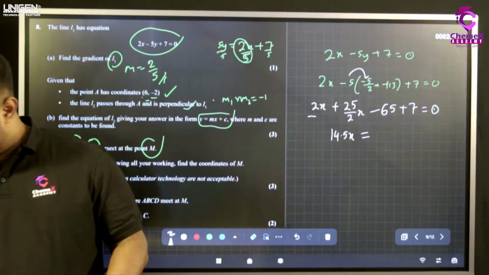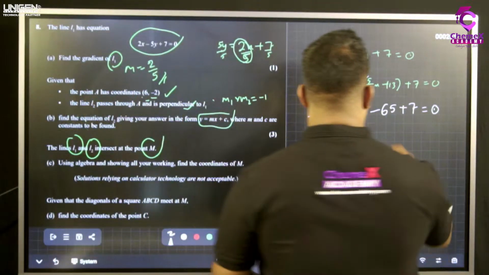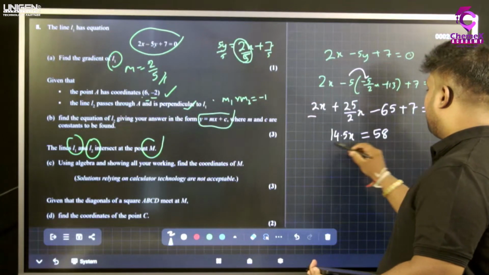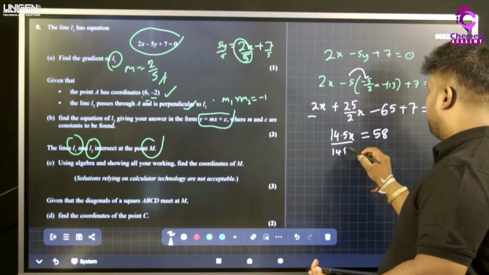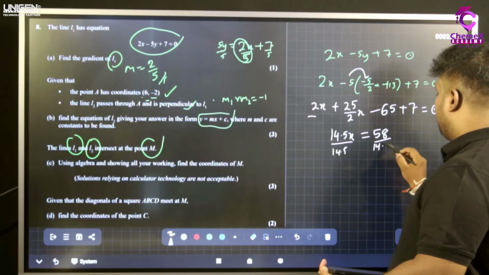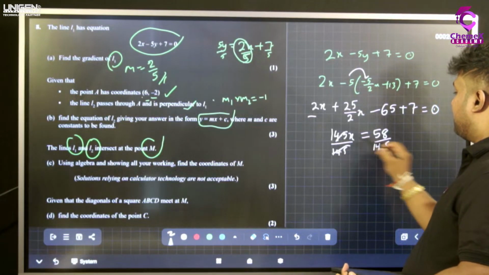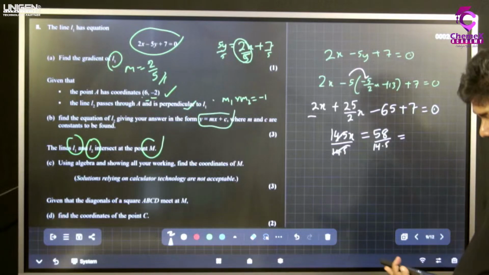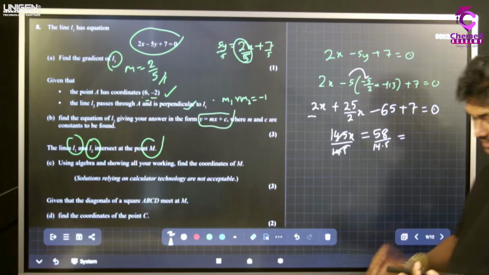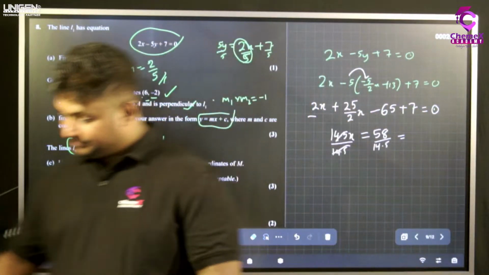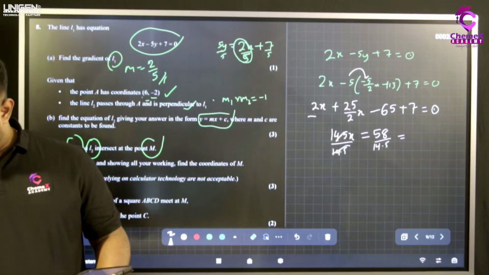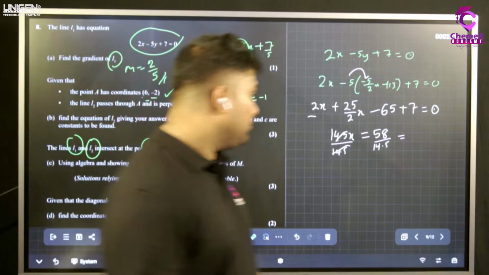What do you get? Minus 58, right? Then divide both sides by 14.5. So x equals what? x equals 4.